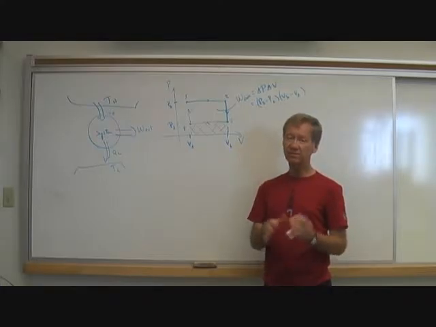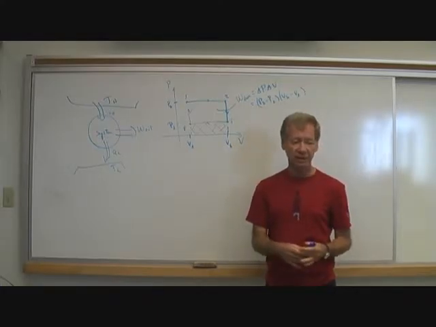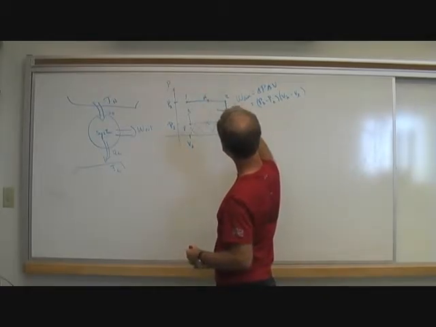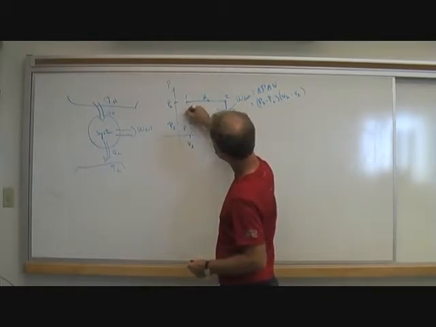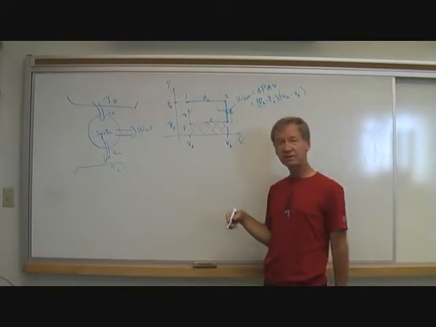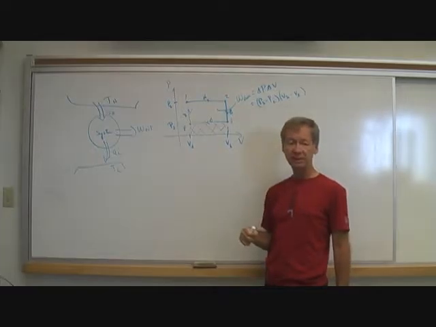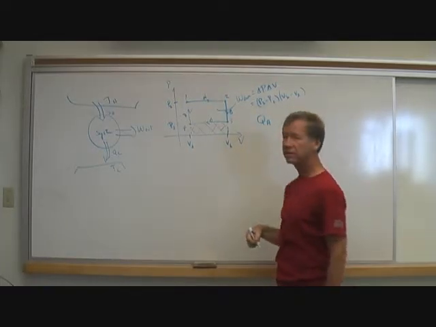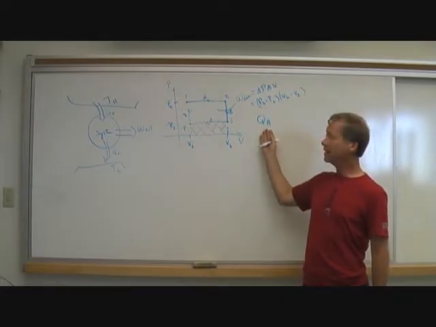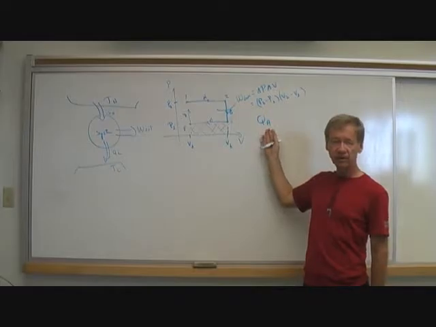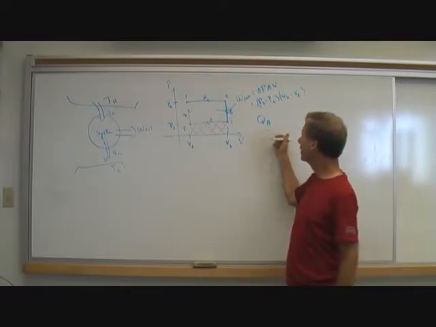So I'm going to do at least part of them for you. So let's call this A, B, C, and D. These lines are the different thermodynamic processes that I've labeled A, B, C, D. So let's look at what is QA. What is the heat that's going to flow into this system during this cycle?